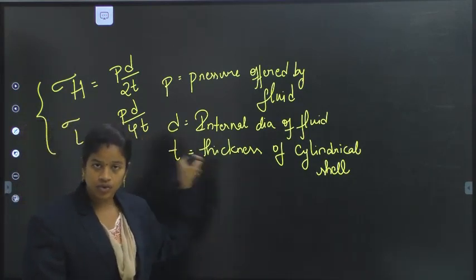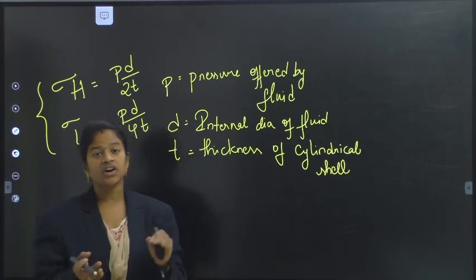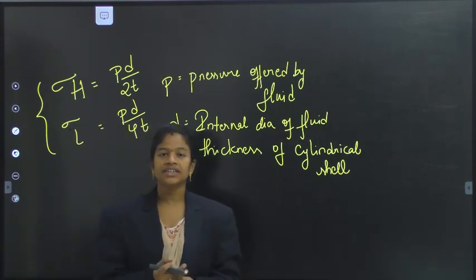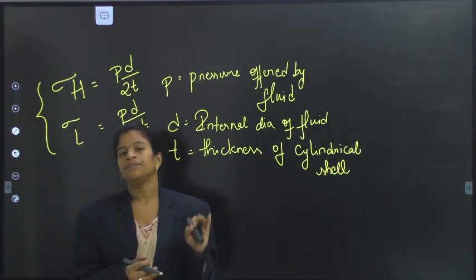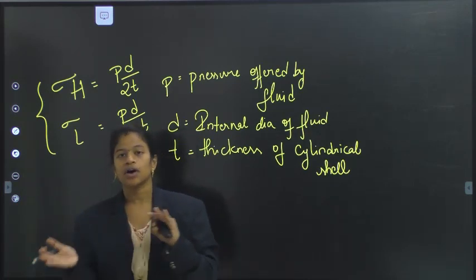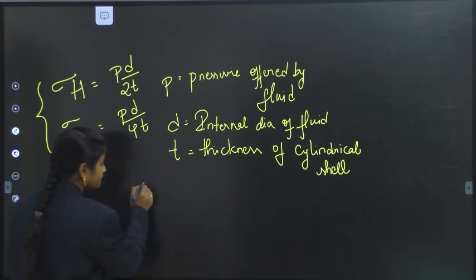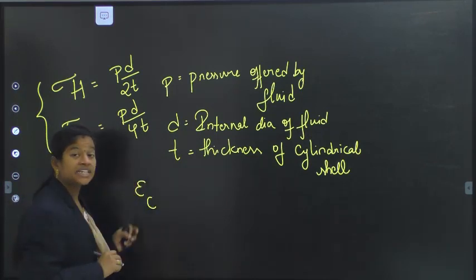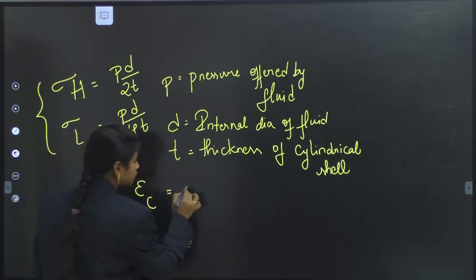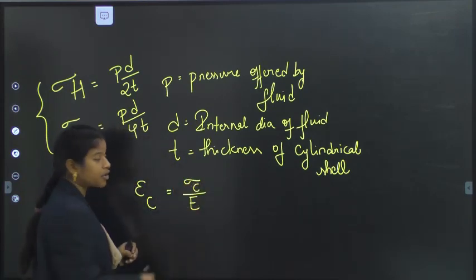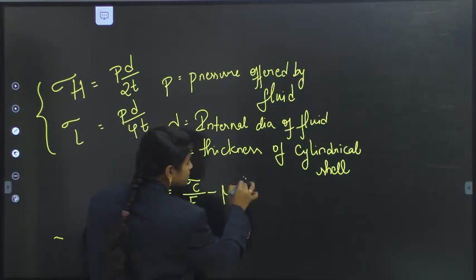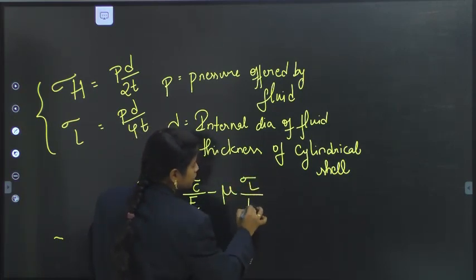As the stress we know, now I can say the corresponding strain also. For giving the strain, we are using Hooke's law and Poisson's law at a time. So when I am writing circumferential strain, it is equal to sigma C by E, Young's modulus, minus mu times sigma L by Young's modulus.